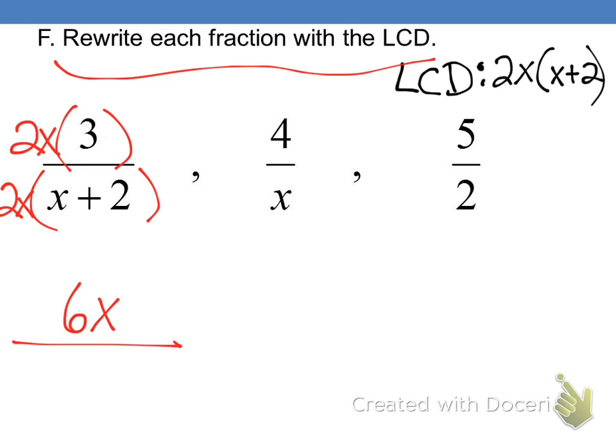Now, if you want to distribute this out, you can. On these types of problems, I usually don't distribute it out till the very end because you can end up going in circles. But we will for today, just for practice. So 2x times x is 2x squared. 2x times 2 is 4x.